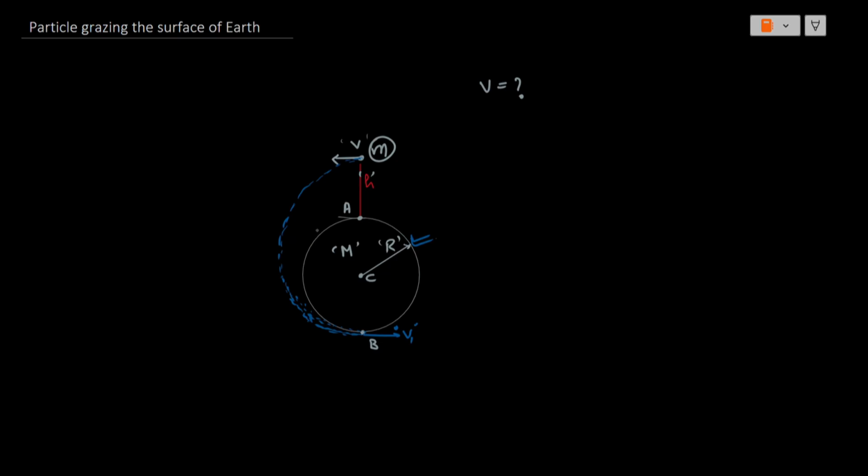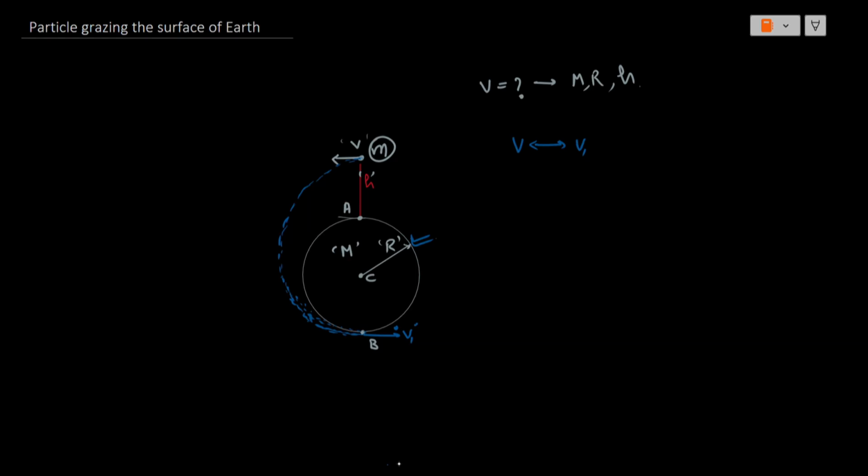So in order to find v in terms of the specifications of the planet, that is M or R or small h, we'll have to first find the relation between velocity v and velocity v1.